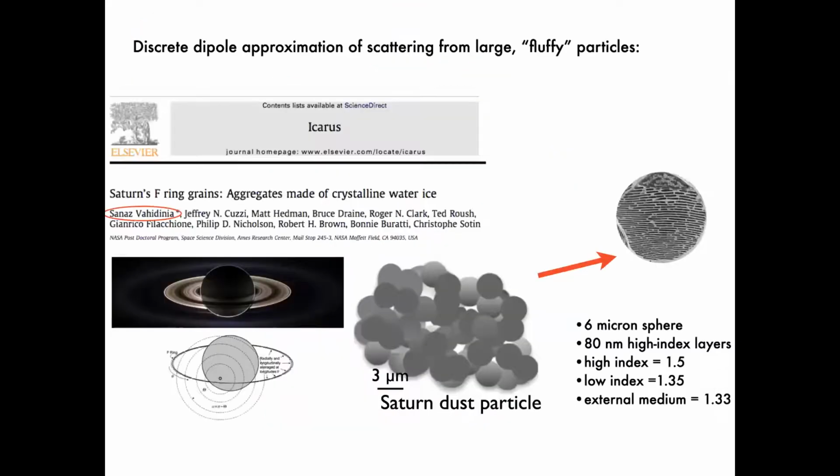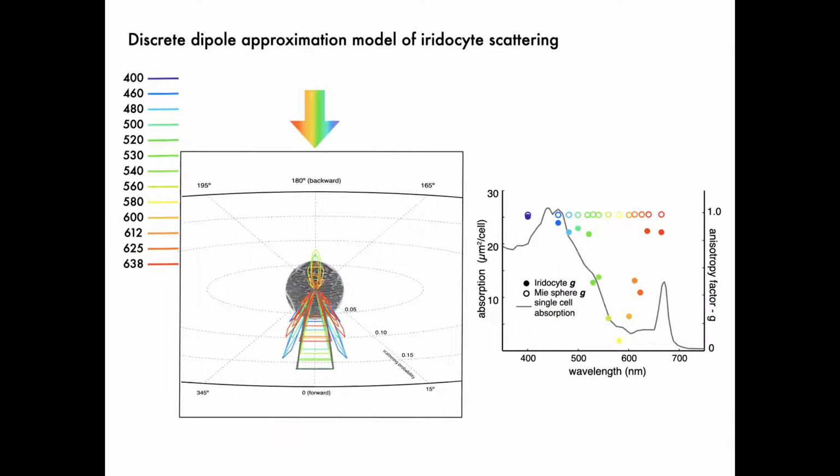Light comes in to the surface, and then we ultimately understood the optical behavior of these iridocytes in collaboration with astrophysicist Sanaz Vahidinia, and we utilized her discrete dipole approximation model of Saturn's F-ring particles to try to understand how these special iridocytes scatter. And what Sanaz's model showed us is that when light comes into the clam's iridocytes, it scatters.